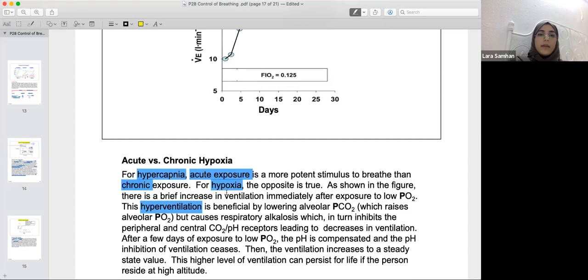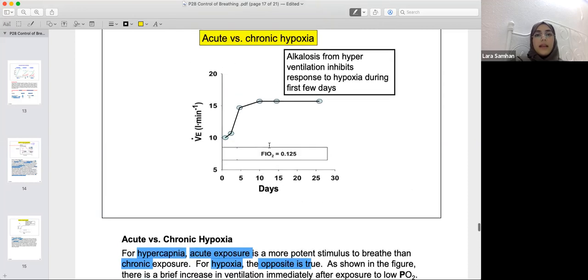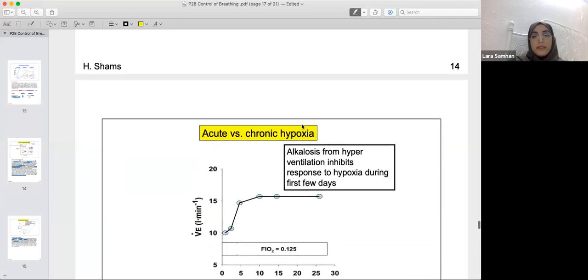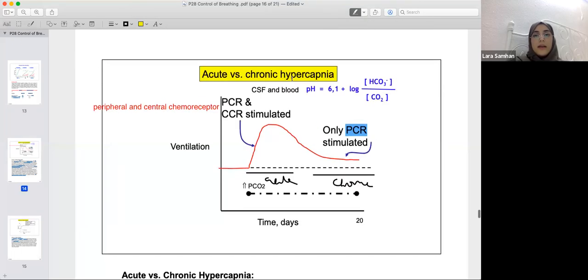And the difference between hypercapnia and hypoxia is that it's not really the same. As we can see in the hypoxia graph, the hyperventilation increases, and then it stays almost constant, compared to the hypercapnia graph, which shows that the ventilation increases, and then it won't stay constant.